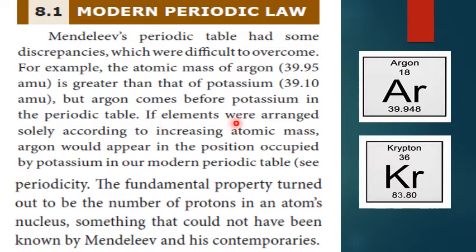If elements were arranged solely according to increasing atomic mass, argon would appear in the position occupied by potassium in our modern periodic table. The fundamental property turned out to be the number of protons in an atom's nucleus, something that could not have been known by Mendeleev and his contemporaries.